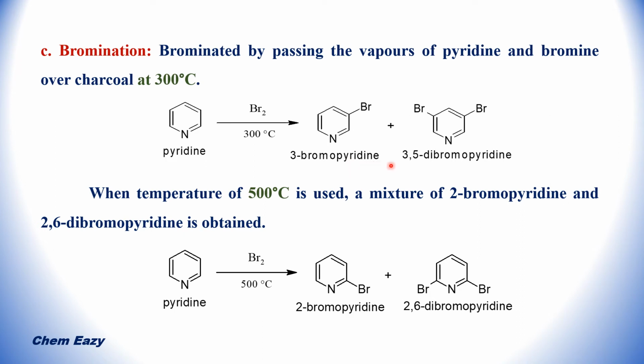Along with this, 3,5-dibromopyridine is also obtained. When the temperature of 500 degrees Celsius is used for bromination of pyridine, then the products are 2-bromopyridine and 2,6-dibromopyridine.